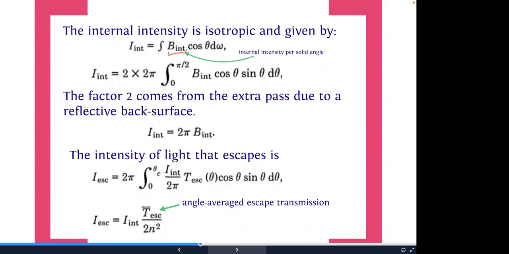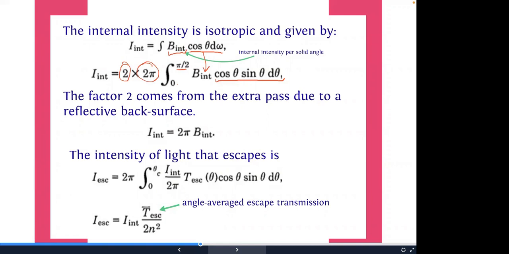If we integrate it over all the solid angles, which is this integral here, it can be quite simply calculated as shown. The full solid angle integral over a sphere simply becomes that from 0 to pi over 2, and because there's a factor of 2 there, a 2 pi is taken out. That's how you get the solid angle integral over a sphere.